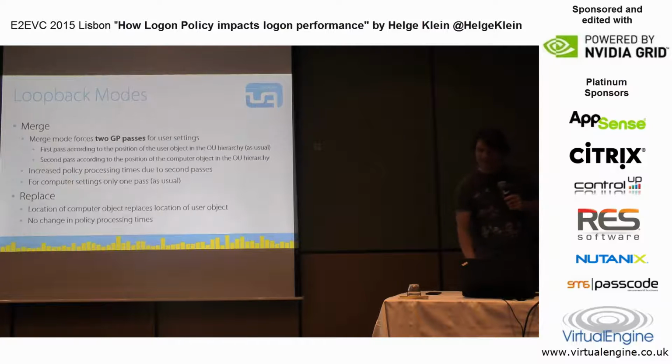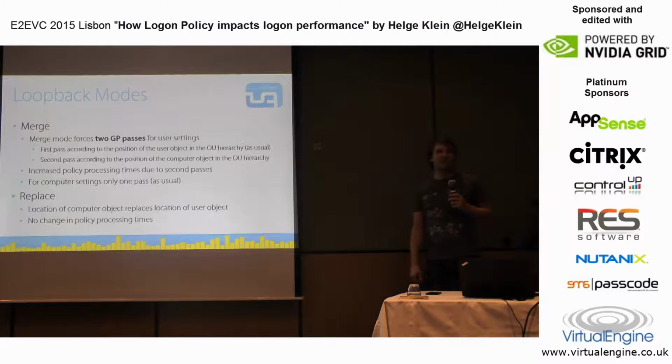Thanks. Now, being knowledgeable about XenApp, you certainly know all about loopback modes. Client guys are sometimes a little bit confused by that. Basically, there's the computer section and the user section of group policy, and we have the computer object in AAD and the user object, and normally those two are very separate.